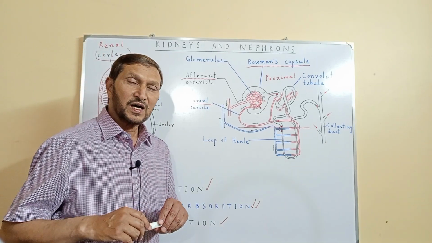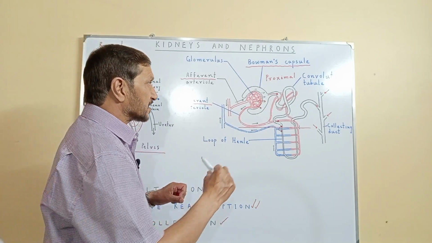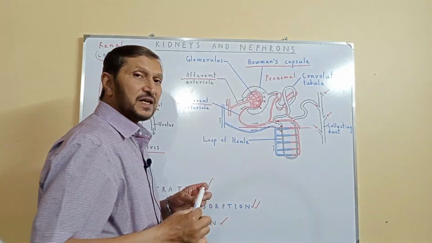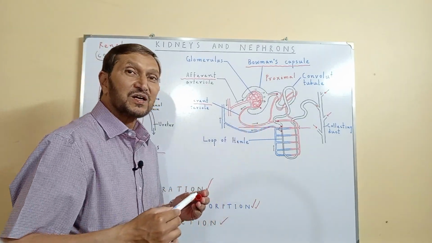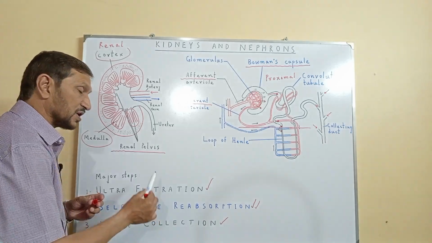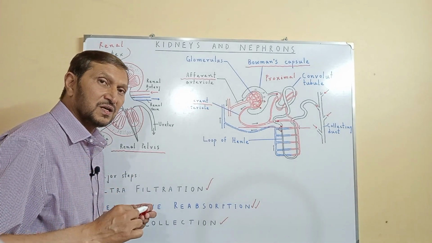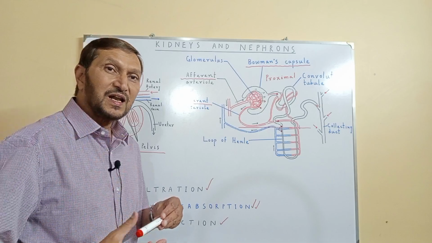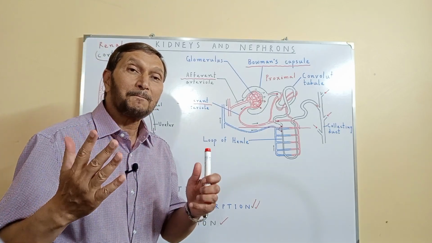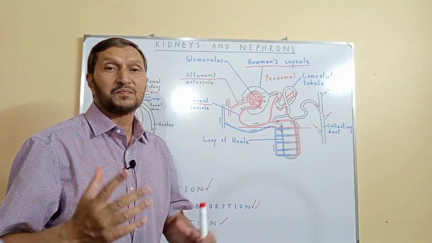Now at this point I would like to explain how ultrafiltration is taking place inside this glomerulus under high blood pressure. To simplify and further elaborate, I will give you an example of a water pipe.